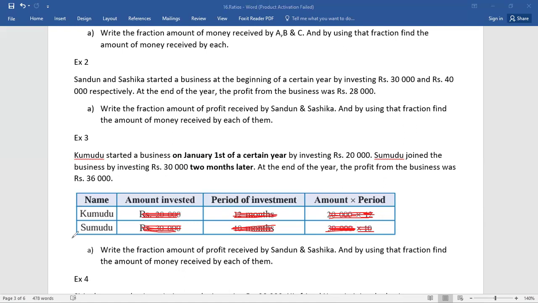You only have to draw the table with Sumudu, Kumudu. Right? These are the headers, table headers.